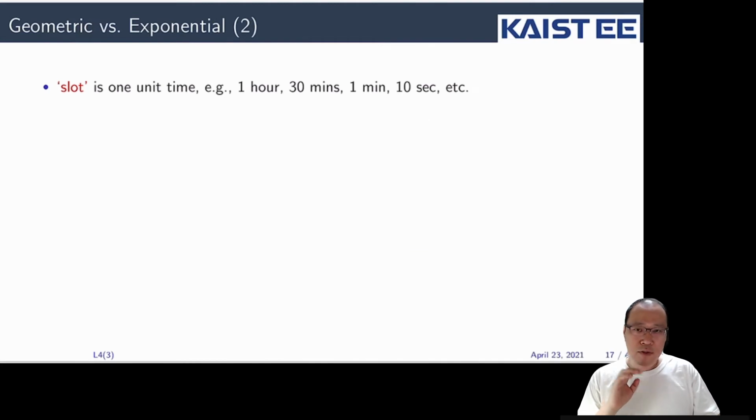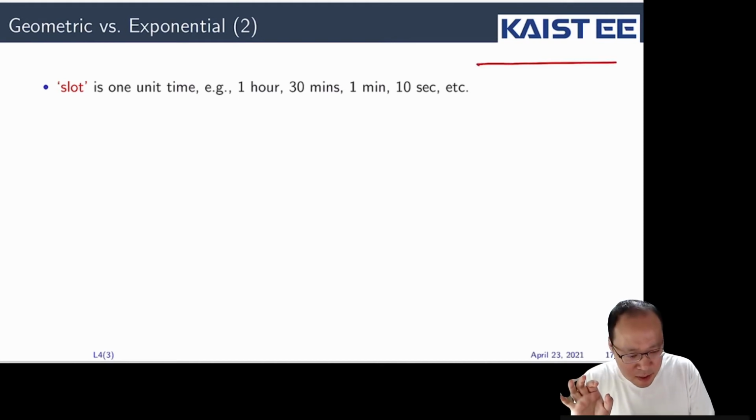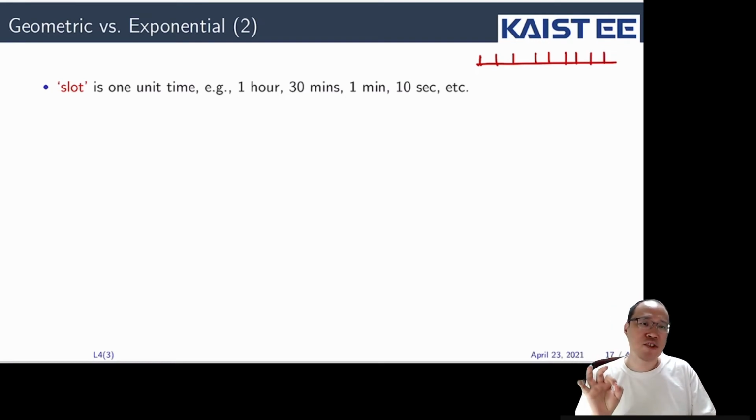So in order to do that, we're going to first define the word slot. And the slot is nothing but a one-time unit. As you can imagine, I define this slot because this slot can be used for the discrete random variable, because discrete random variable is used in terms of the discrete times. So this slot can be anything depending on your modeling.